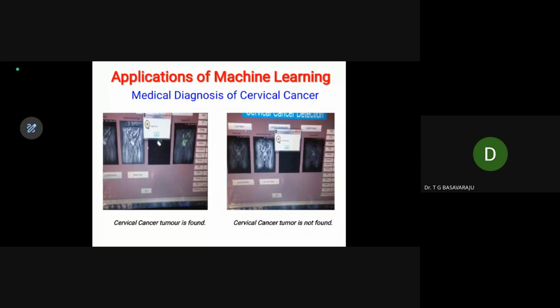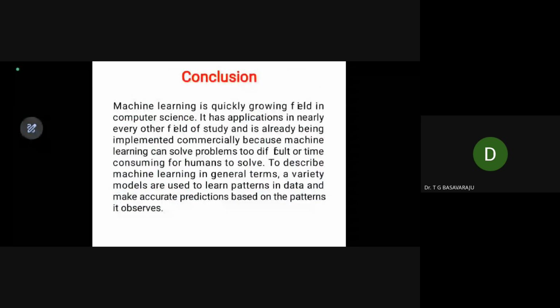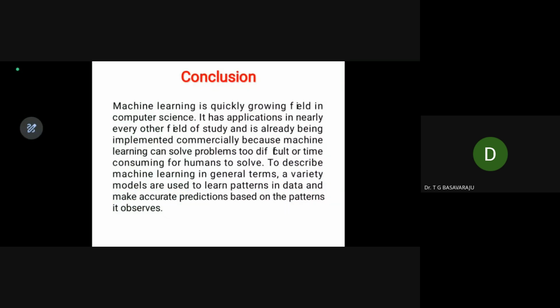And I also tell you to tell your students to do such projects, so they would be more interested in doing all this stuff. So the only thing is, from your end guidance would be required, and they would do a lot of work. So finally, to conclude, machine learning is a quickly growing field in computer science, and it has applications in each and every field of study.